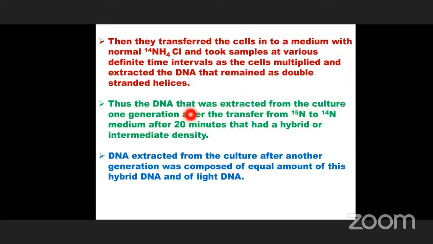Thus, the DNA extracted from the culture one generation after the transfer from N15 to N14 medium, after 20 minutes, had a hybrid or intermediate density. The DNA extracted after another generation was composed of equal amounts of this hybrid DNA and light DNA, nothing but normal DNA.